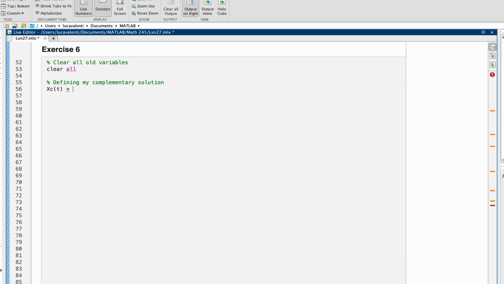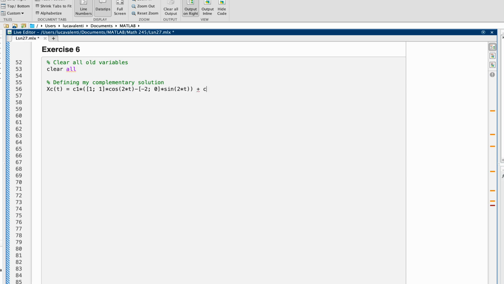Well, if you remember, we wrote that the complementary solution was C1 times the vector 1, 1, all multiplied by the cosine of 2 times t, and then minus another vector, -2 and 0, all multiplied by the sine of 2 times t.